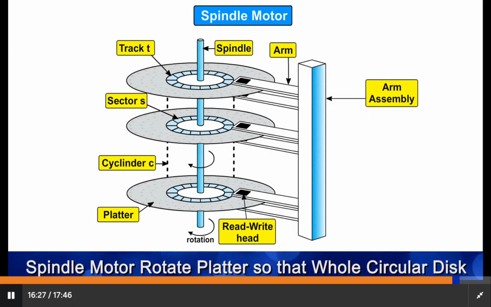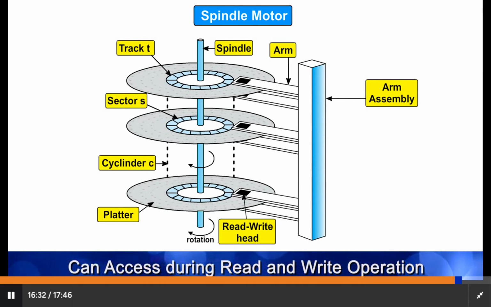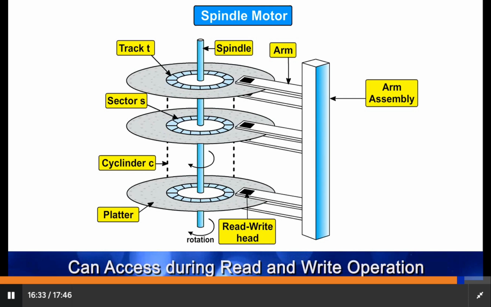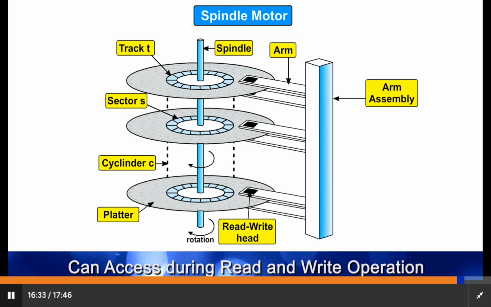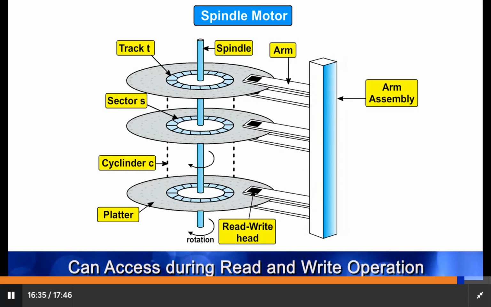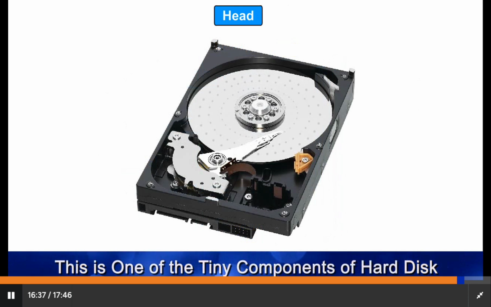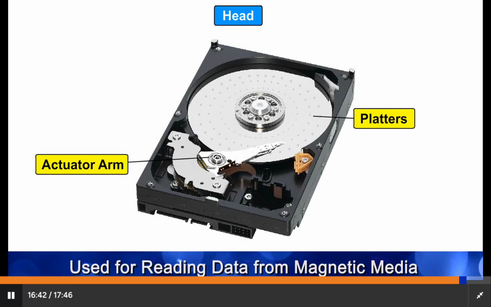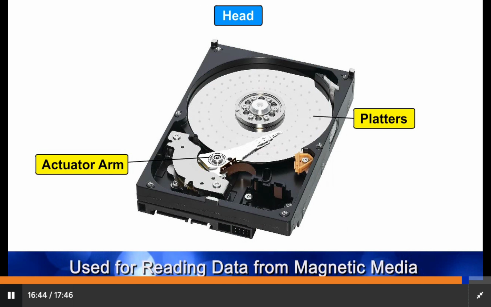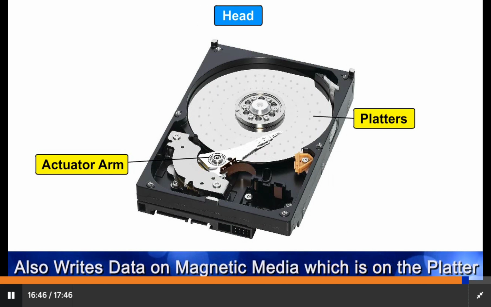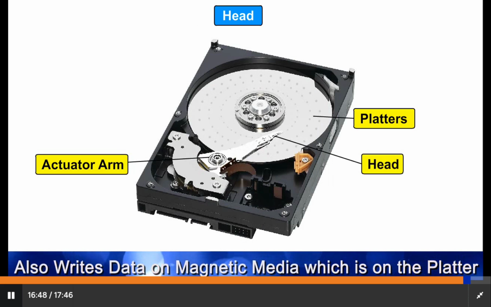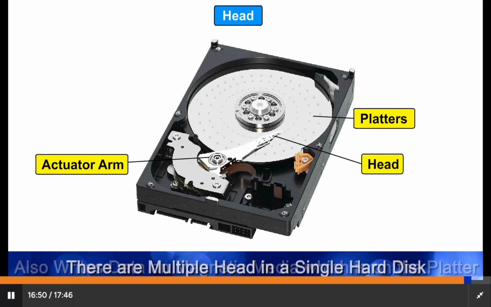Spindle motor rotates the platter so that the whole circular disc can be accessed during read and write operation. Head. This is one of the tiny components of hard disk used for reading data from magnetic media and also writes data on magnetic media which is on the platter.